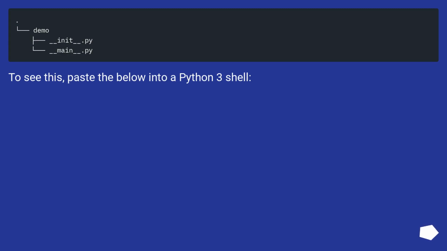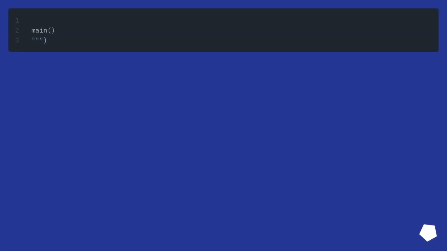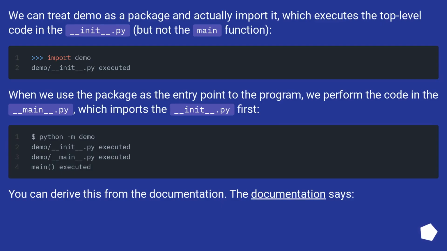To see this, paste the below into a Python 3 shell. We can treat demo as a package and actually import it, which executes the top-level code in the __init__.py, but not the main function.